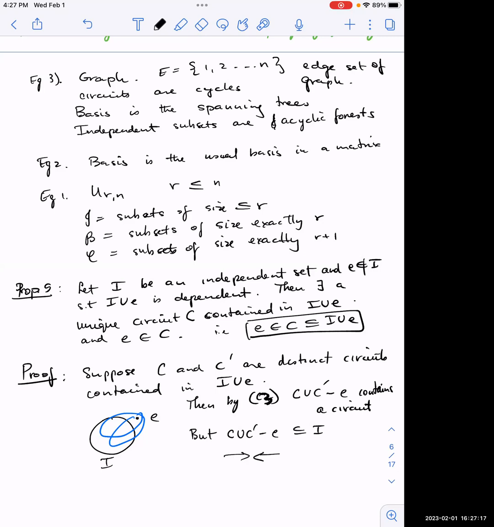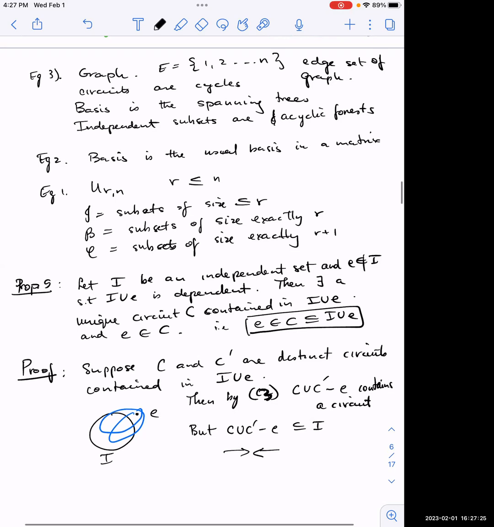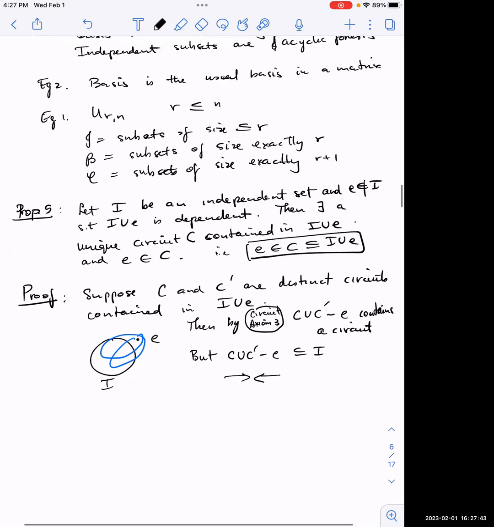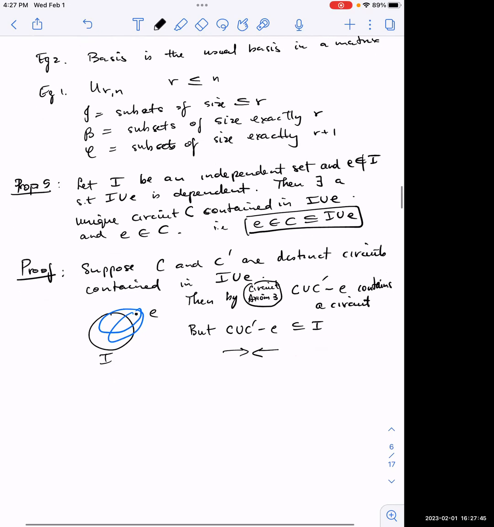Contradiction. So that's by the circuit elimination axiom. When I wrote it, I just called them 1, 2, 3. So this is circuit axiom 3. It's convenient to call it C3. Okay, so there can be just one circuit like this.